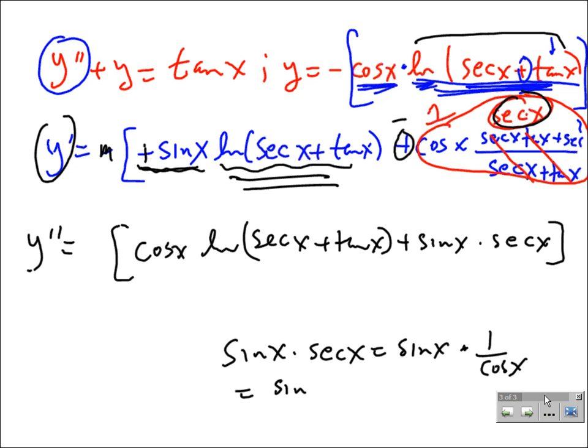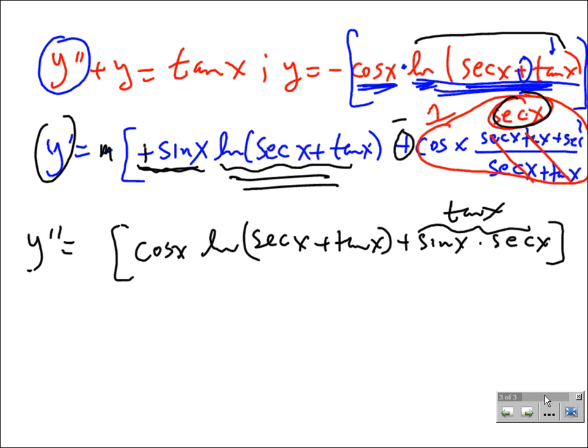So I get sine x times 1, which is sine x, over cosine x, which is tangent x. That's just tangent x. Okay, that is the second derivative.